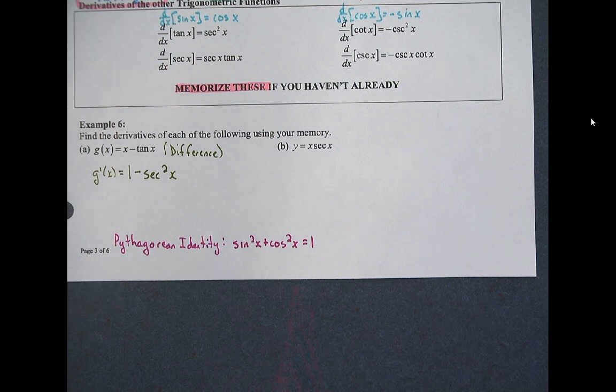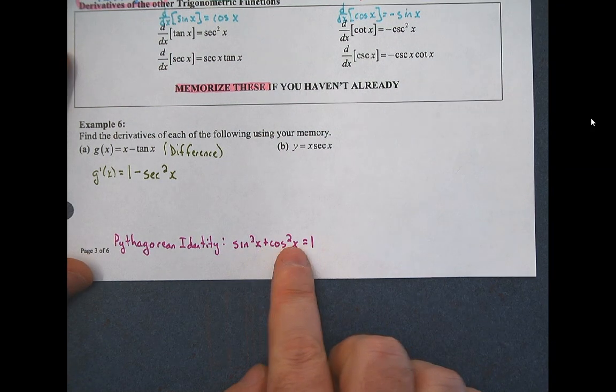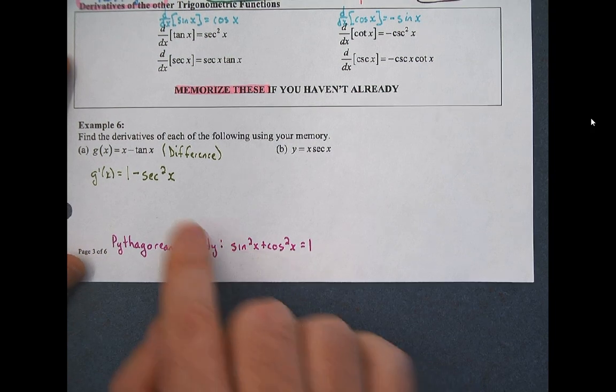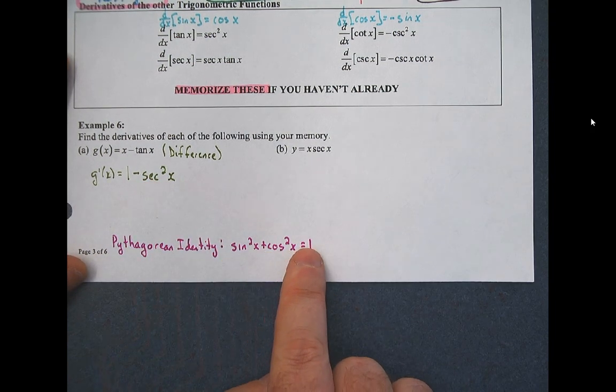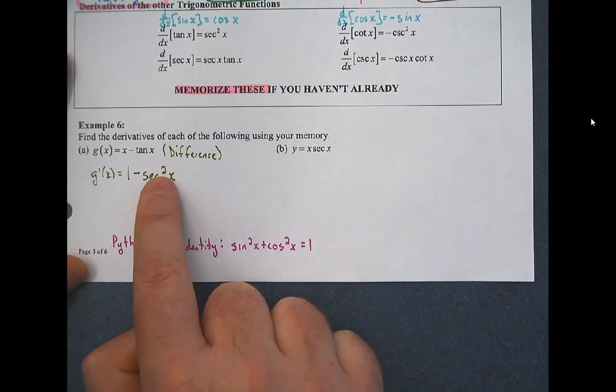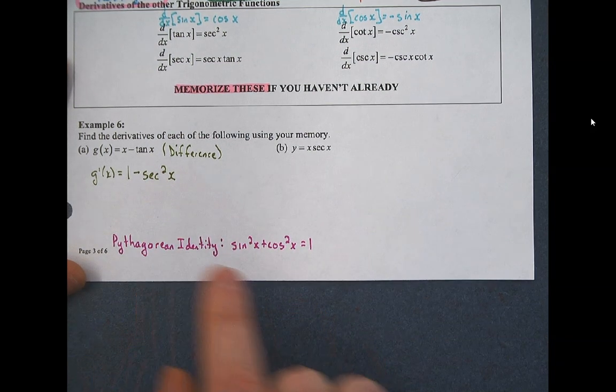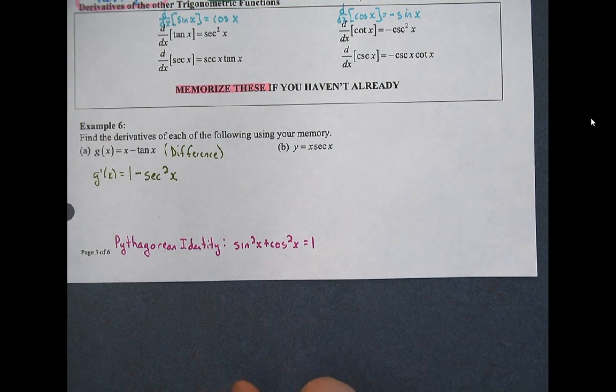That's the big one. And then to find the other ones, what we can do is we can take this and divide by either sine or divide by cosine. Because I want secant, what should I divide 1 by to turn it into secant? Well, secant's the reciprocal of cosine, so I'm going to take this and divide everything by cosine. This is me showing you how to do this if you don't remember the trig identities by heart.